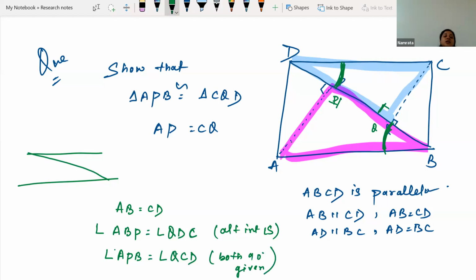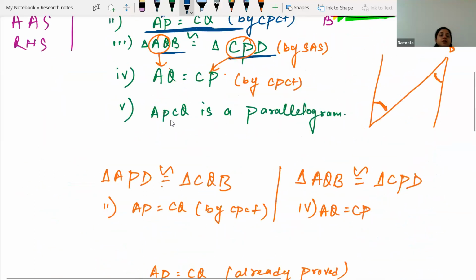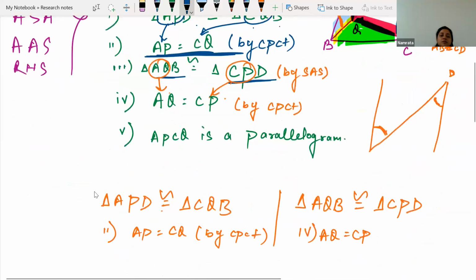Now let's see which criteria is getting fulfilled. As I said, for checking the criteria, just get back to any one of the triangles and check which criteria is getting fulfilled. We have used this angle, we have also used this angle, and we have used this side. From our list, which criteria is getting fulfilled?